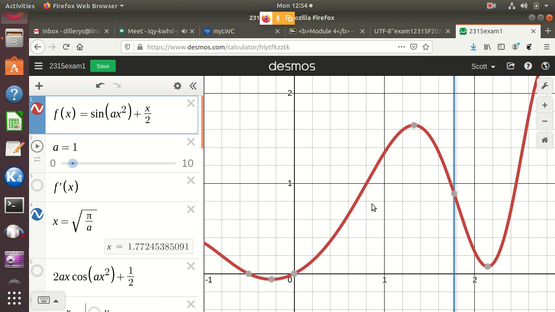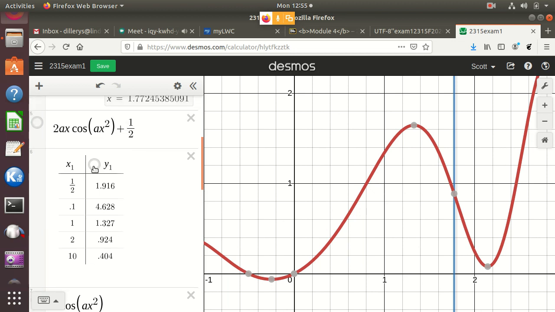You're kind of hoping that maybe the answer's like x equals pi over a or something like that, or the square root or the cube root. No, it doesn't appear to be anything like that. And so what you can do is try different values of a and get some answers.